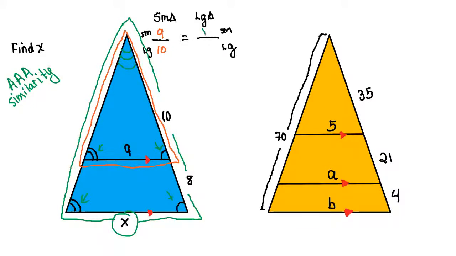So that's the small, and it's going to be an X. And then we're going to do the large side. Now you've got to be careful here because the larger side here is 10 of the small and 8 of what's left over, or 18.